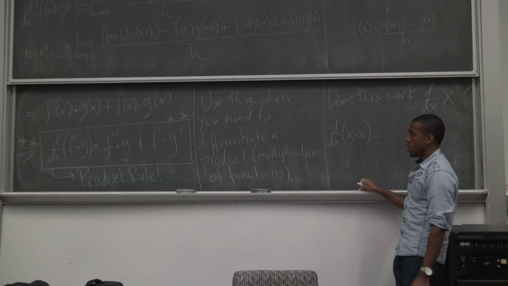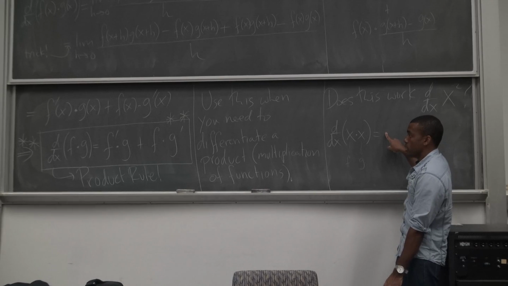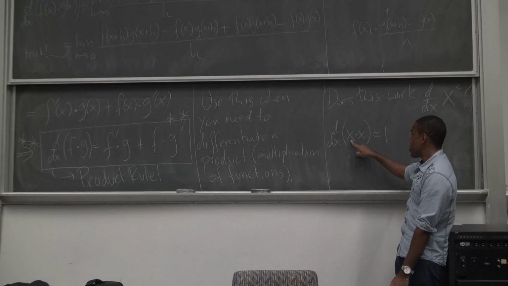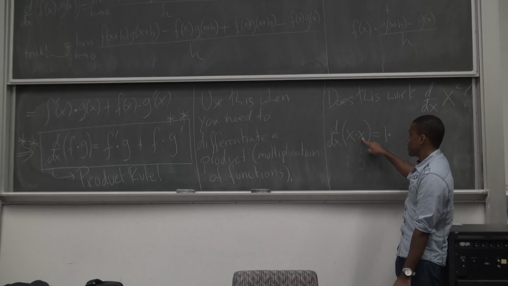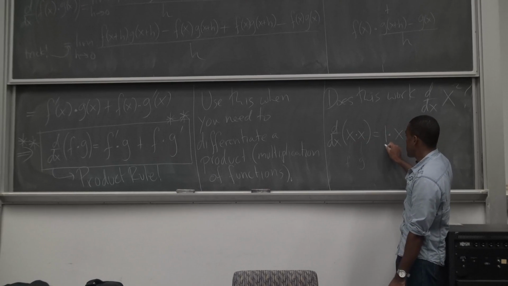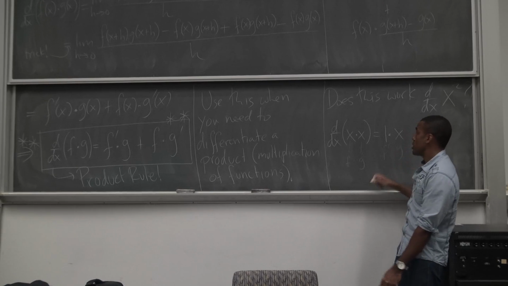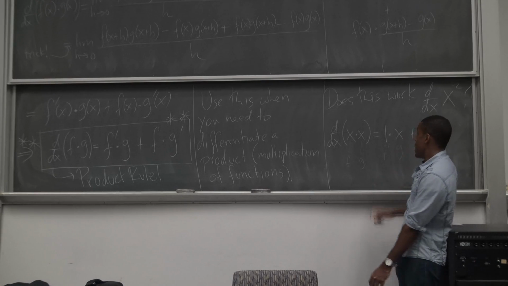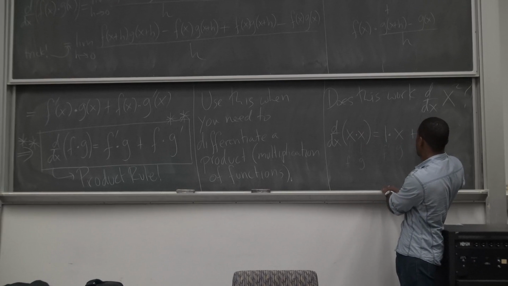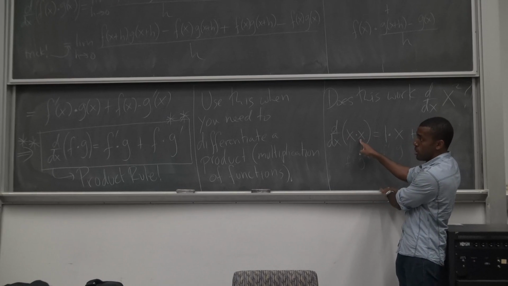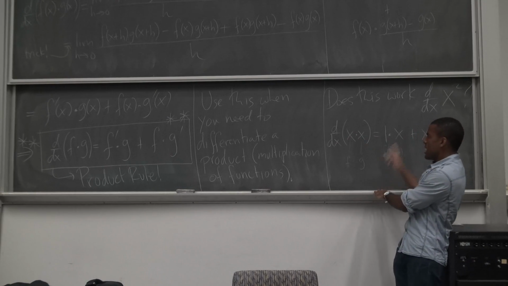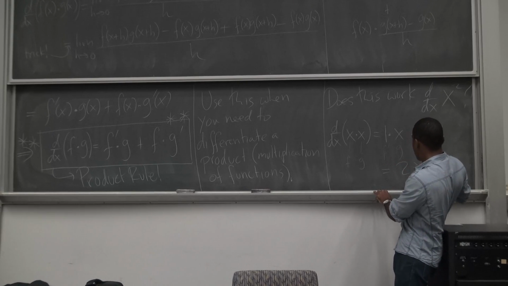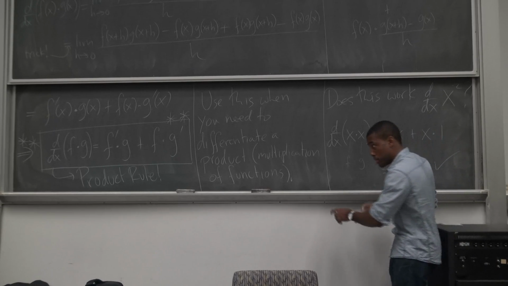And so the rule tells me what? f prime goes here, which would be what in this case? 1, because the derivative of x is 1 by the power rule. Times the original function, right? So this is f prime, and this is g. Plus f, which is just the original function here, times g prime, the derivative of x is 1. So I get x plus x, which is 2x, as expected.